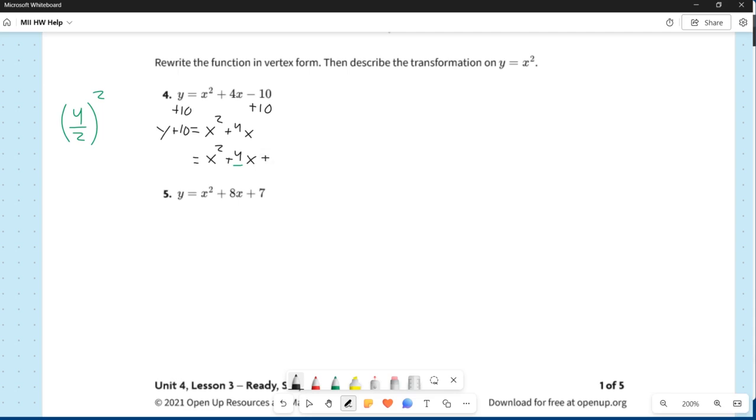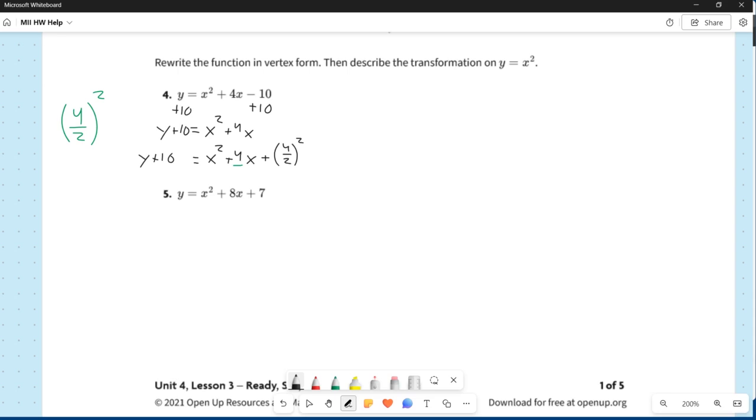So I'll write that again just so people can see it in the actual work. Again, you take your coefficient on x, you take half of that number, whatever it is, and then you square your result. Now, on the left-hand side, we had y plus 10. A cardinal rule in algebra and in math is that if you add something to one side of the equation, in order to maintain balance, you have to add it to the other side.